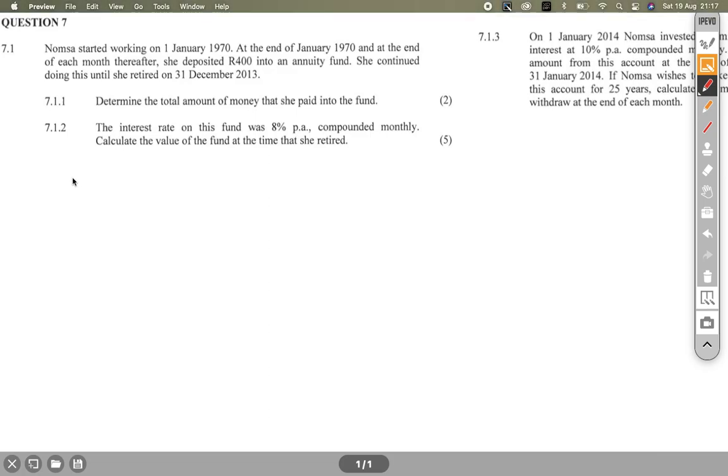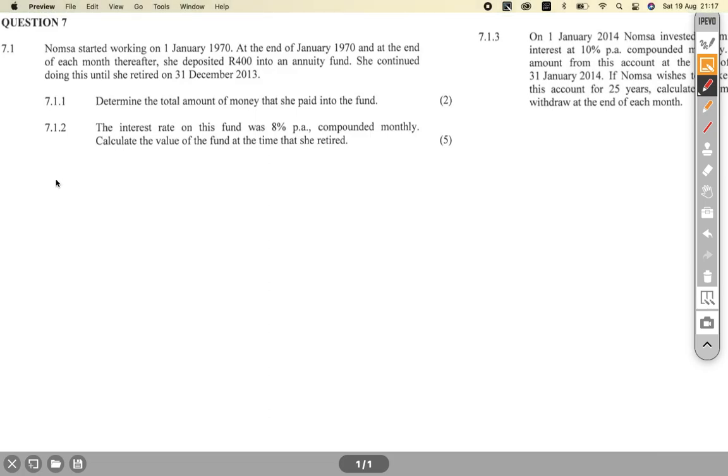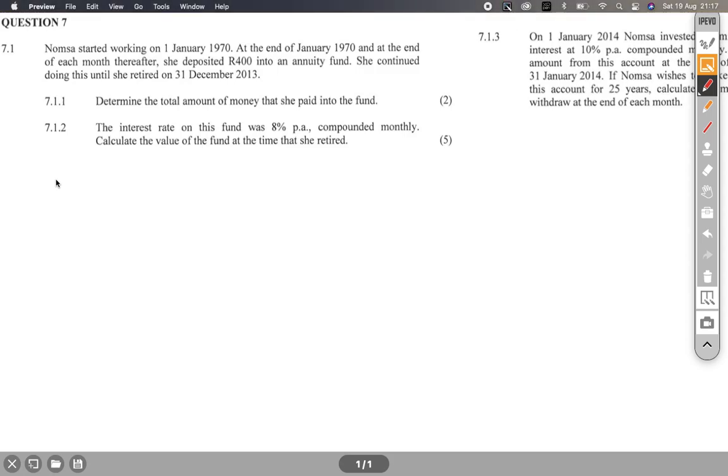Mathematics, grade 12. Okay, Nomsa started working on 1 January 1970. At the end of January 1970 and at the end of each month thereafter, she deposited 400 into an annuity fund. She continued doing this until she retired on 31 December 2013.